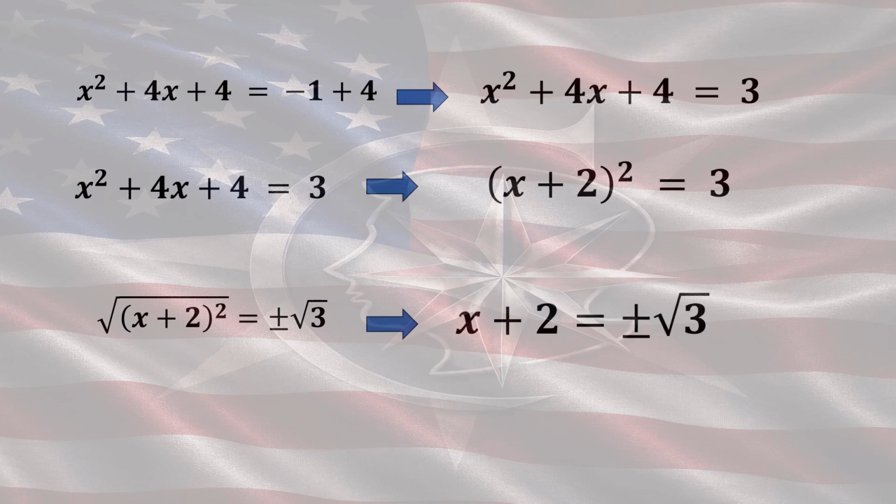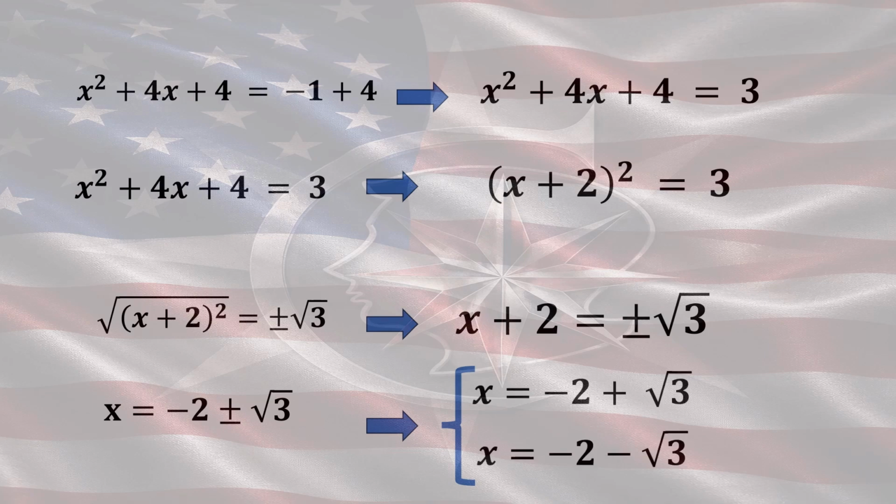X plus 2 equals plus or minus the square root of 3. X equals negative 2 plus or minus the square root of 3. 6. The solutions are x equals negative 2 plus the square root of 3, and x equals negative 2 minus the square root of 3.